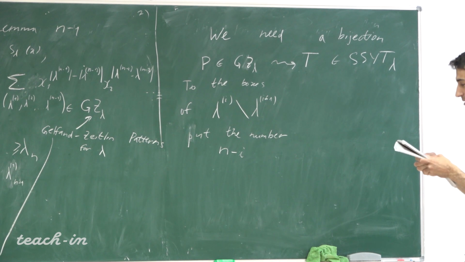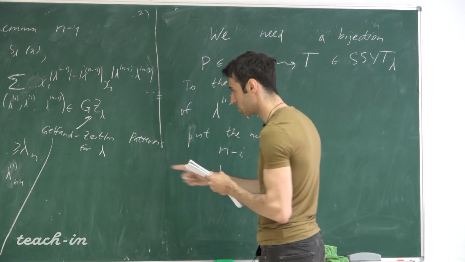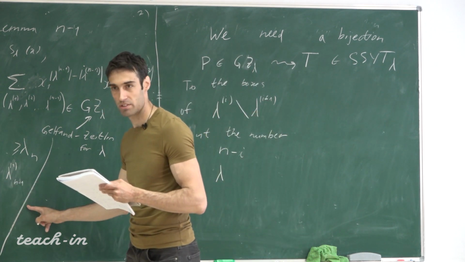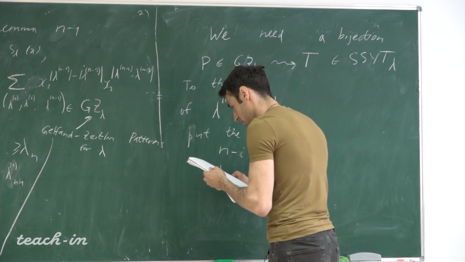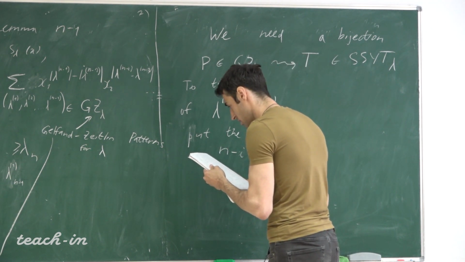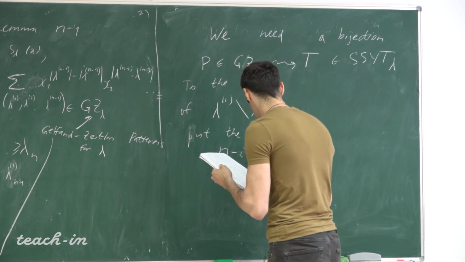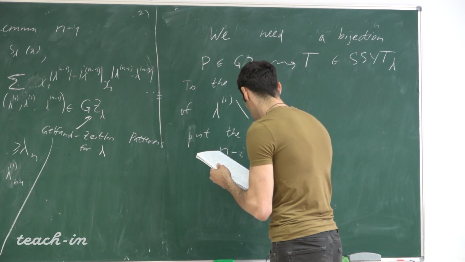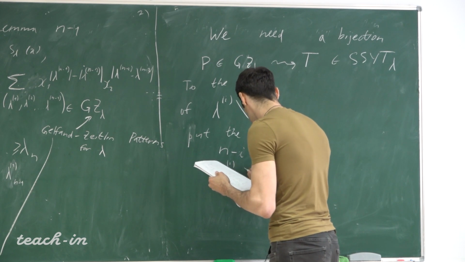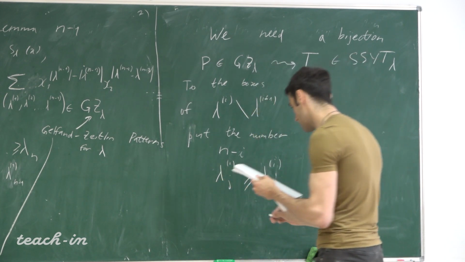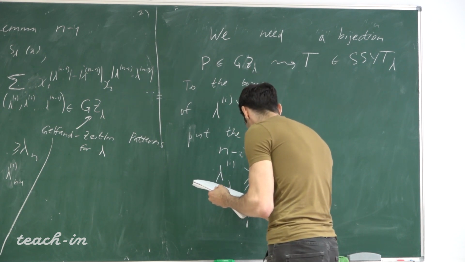It is semistandard because in each local part of the Gelfand-Zeitlin pattern, you have lambda j, i, and then lambda j plus 1, i, this is greater or equal, and then you have lambda j, i plus 1.